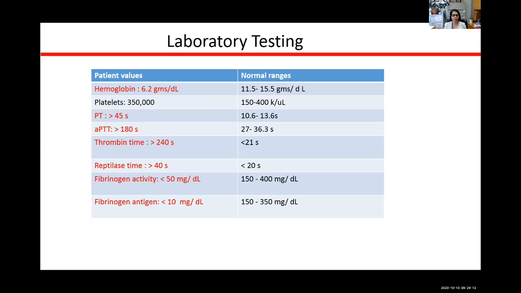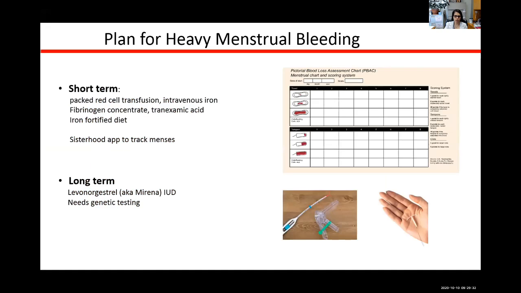So these are her laboratory values. As you can see, she has a low hemoglobin, her platelets are normal, and her PT, PTT, thrombin and reptilase times are extremely prolonged, and her fibrinogen activity and antigen are extremely low, undetectable. So she also has a diagnosis of afibrinogenemia.